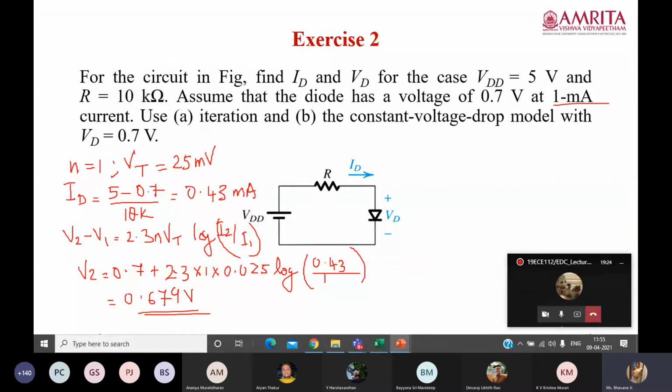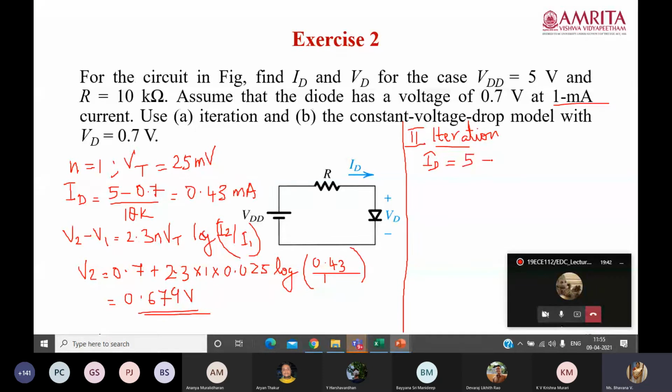Now we'll go with the second iteration. Determine ID.